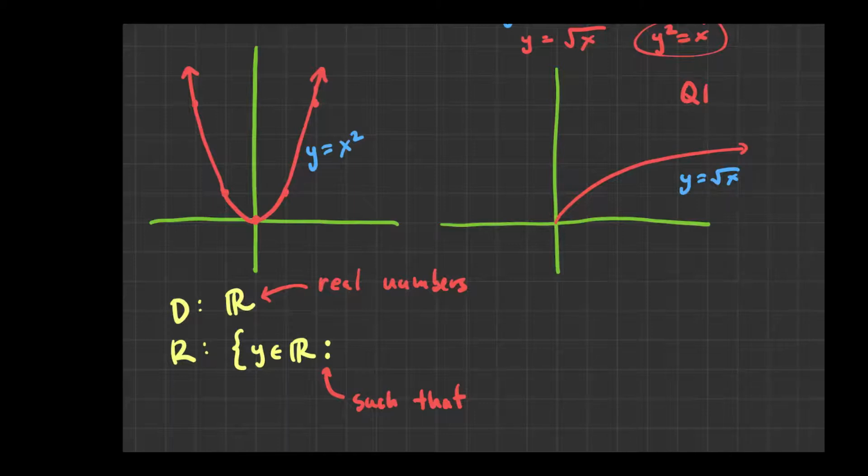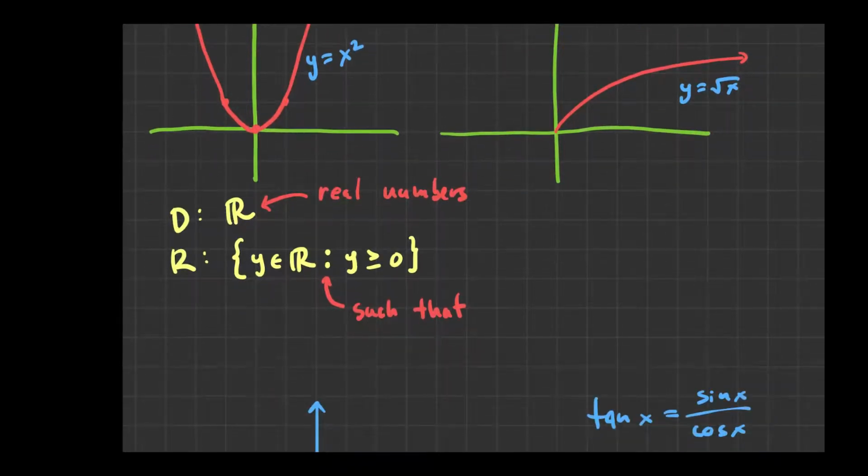We're saying, okay, it's a real number, but we've got more to say. y must be greater than or equal to 0. So that's one way you could say it, using set notation.